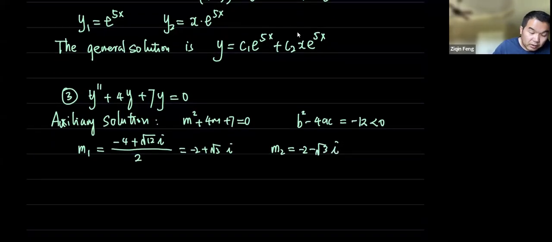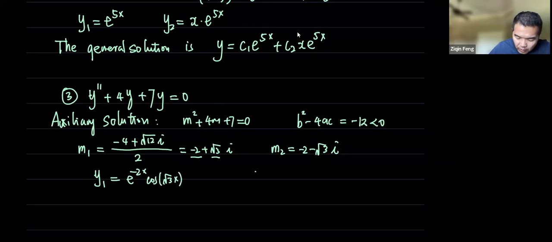So we get our real solutions here: y1 equal to e to negative 2x, where negative 2 is our alpha, times cosine of square root 3 x, where square root 3 is our beta. And y2 is e to negative 2x sine of square root 3 x.